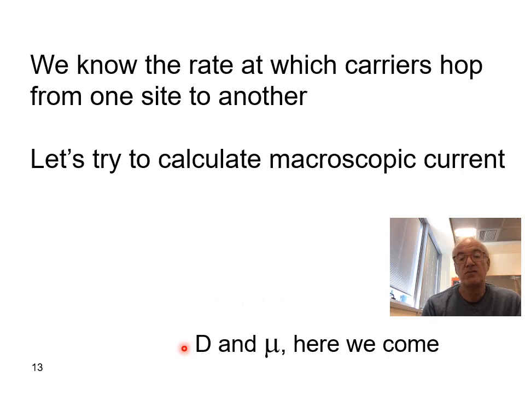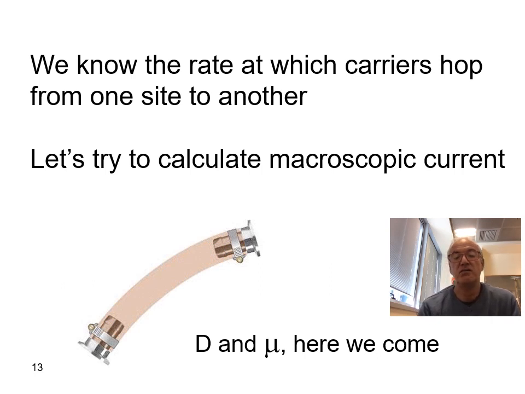So we have to somehow simplify things, and the most popular, or the most useful way, is to try and describe all the complexities in terms of D and mu. And that's what's going to happen. We are going to find the current, how it flows, and see how it is translated into something useful.